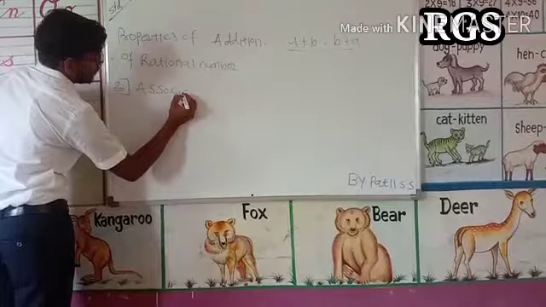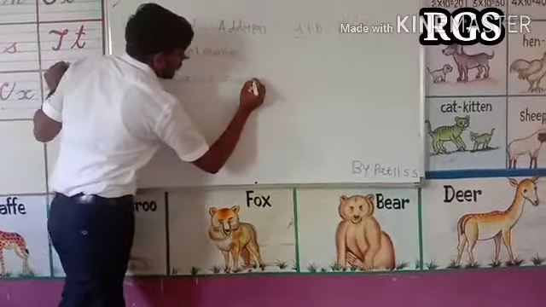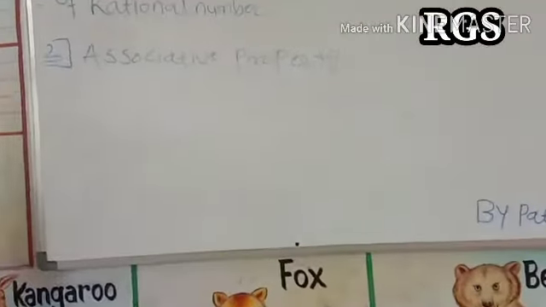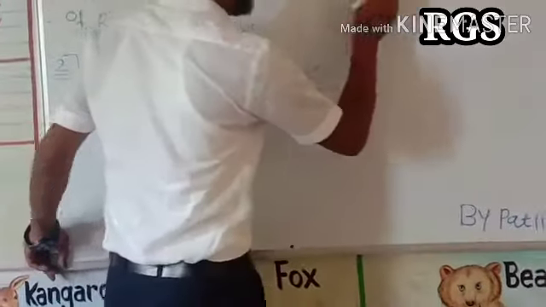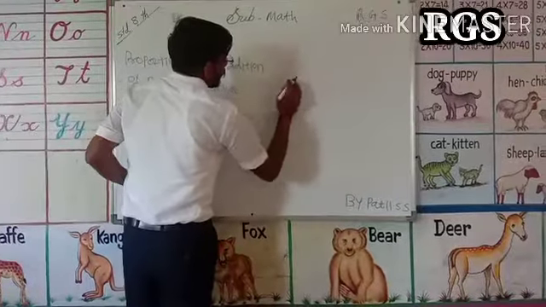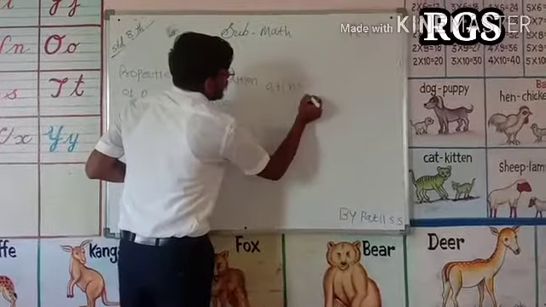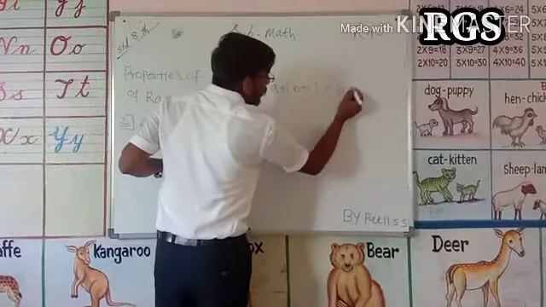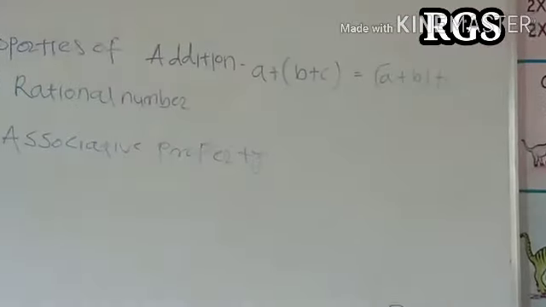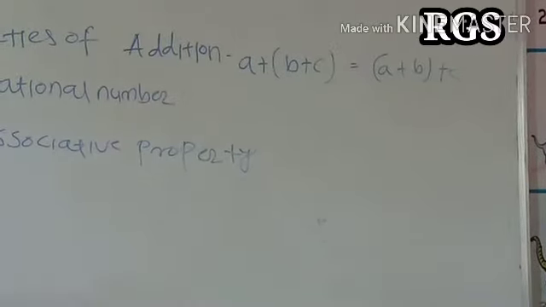Associative property. A plus B plus C is equal to A plus B plus C. What is the associative property?